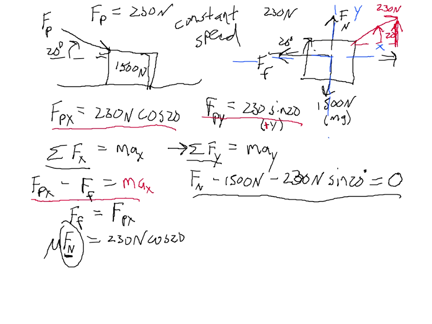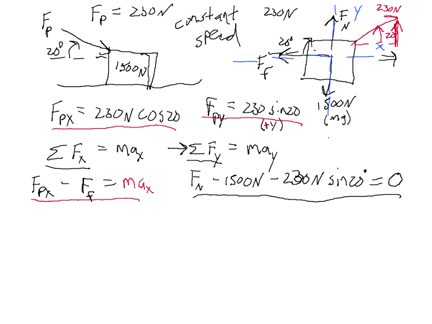And that's what you're looking for, the acceleration of the crate in the x direction. So this part we'll need to do over, because that other part was dependent upon the acceleration being 0.